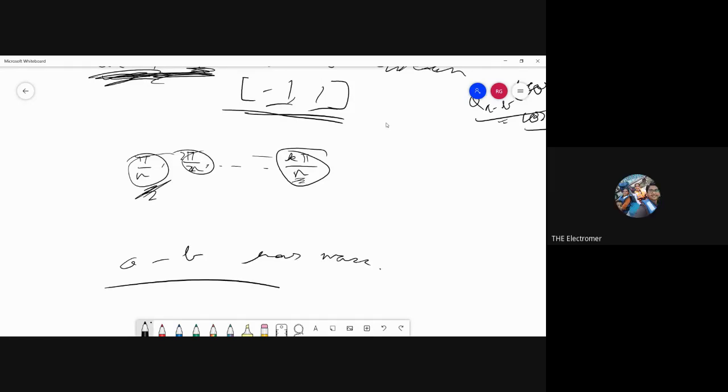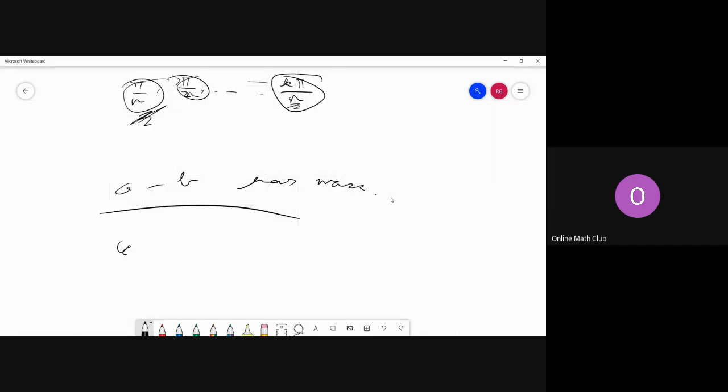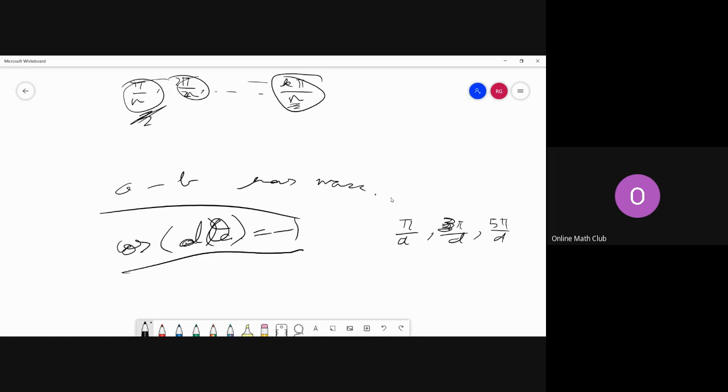If we fix that to be -1, say a minus b is maximum, so let's say this is d, cos of d theta equals -1. This happens at pi by d, 3 pi by d, 5 pi by d, and so on. If I do this, does it still average at 0?